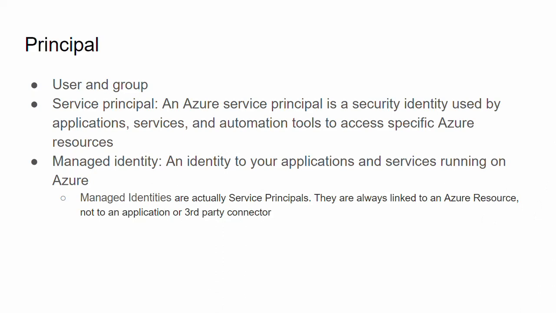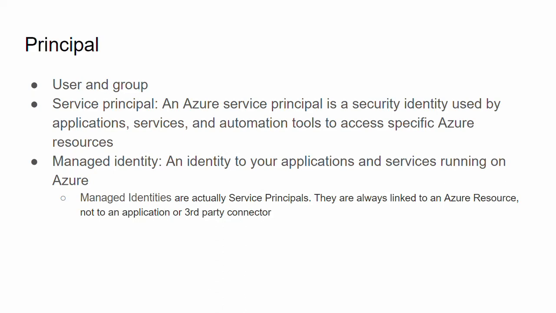That secret is basically a password. Once this passes authentication, Azure identifies that this connection is the application you registered, and Azure will allow you to perform what role you're assigned to.